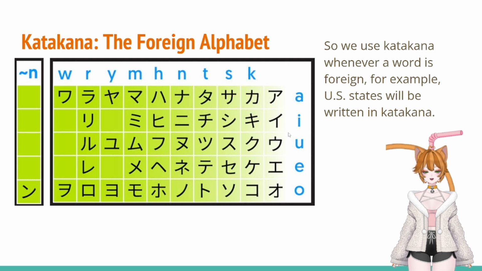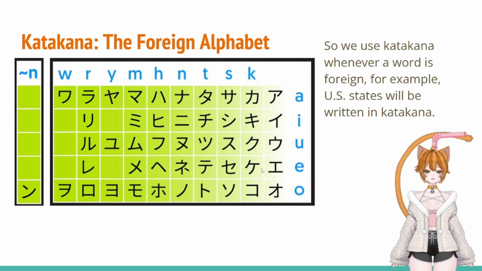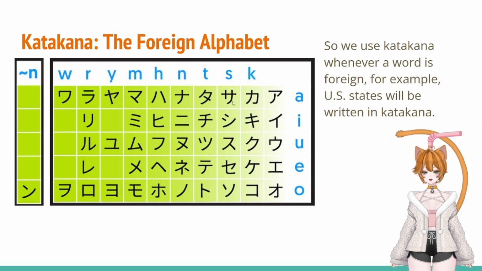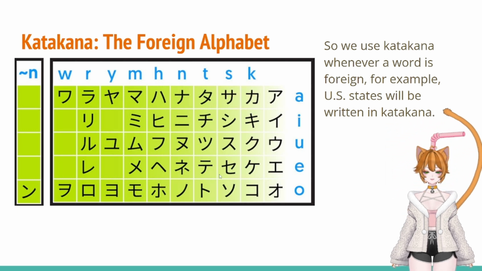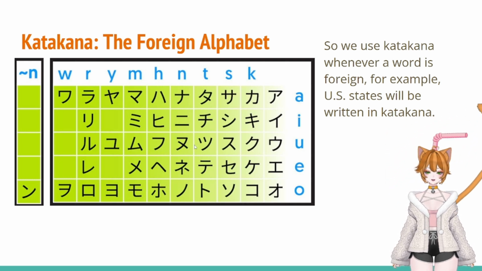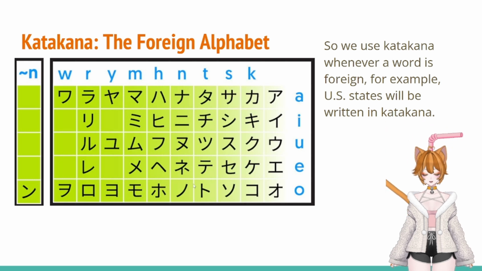A, I, U, E, O. Ka, ki, ku, ke, ko. Sa, shi, su, se, so. Ta, chi, tu, te, to. Na, ni, nu, ne, no. Ha, hi, fu, he, ho.